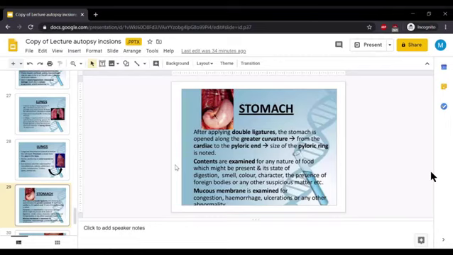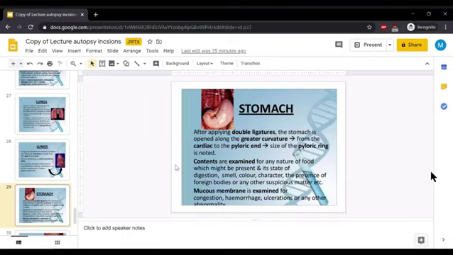So now, how will we examine the stomach after autopsy? After applying a double ligature, the stomach is opened along the greater curvature from the cardiac to the pyloric end, and then the size of the pyloric ring is noted.